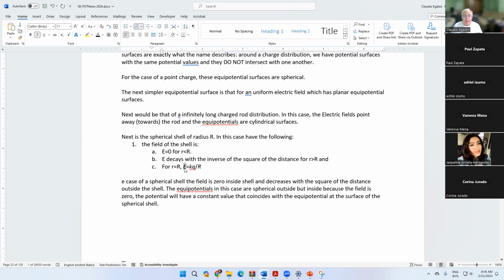Next, the spherical shell of radius R and net charge Q. In this case, we have the following. The field of the shell is 0 inside the shell. Oh, by the way, it's r squared. It's not r, it's r squared, because it's the field.